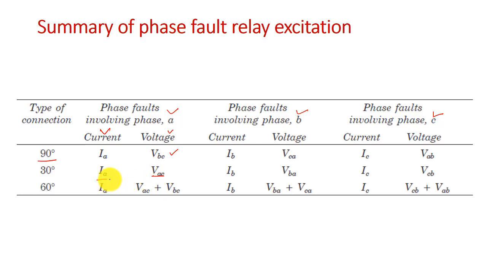So if we connect IA to the current coil and VAC to the pressure coil, then the angle between IA and VAC is that VAC makes an angle of 30 degree lagging to IA. If we go back and see the phasor diagram here, this is your VAC and this is your IA. So VAC is making an angle of 30 degree lagging to IA.